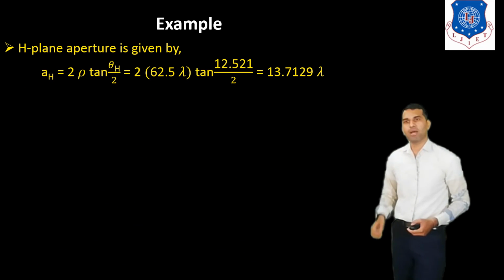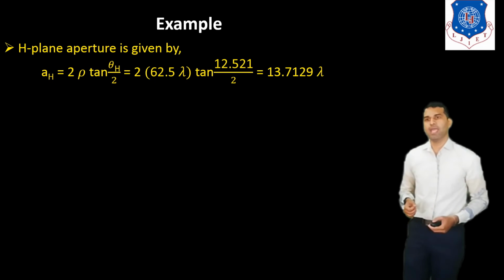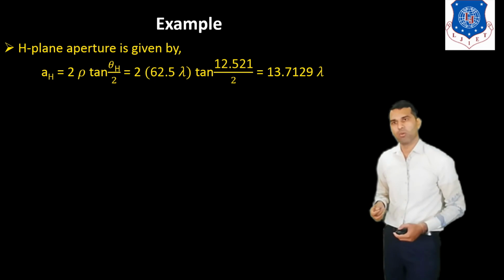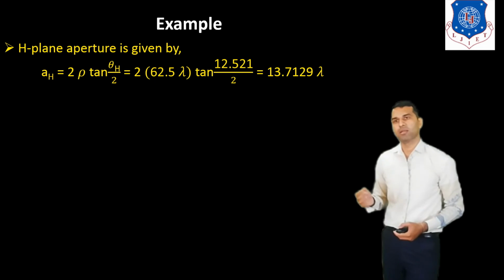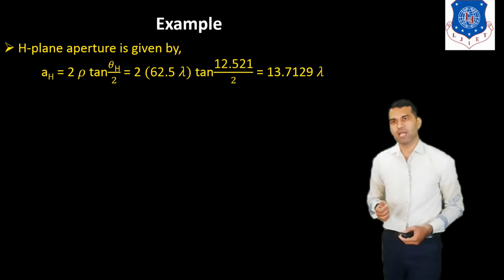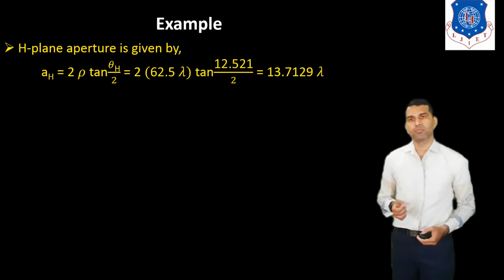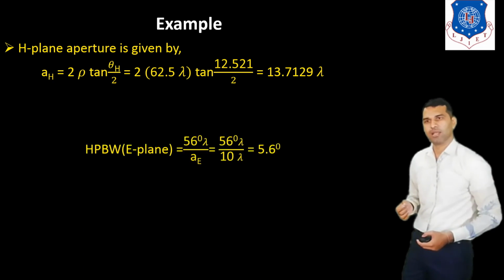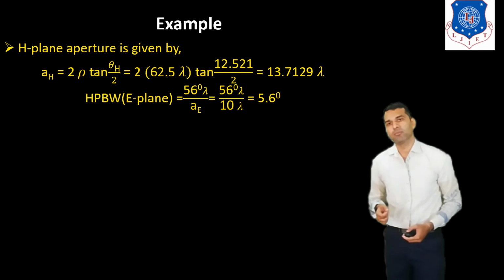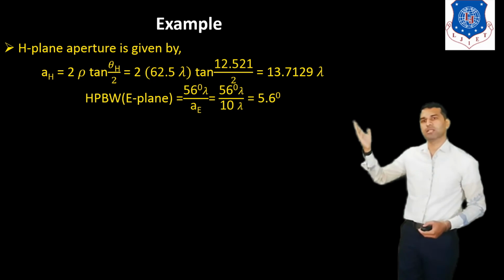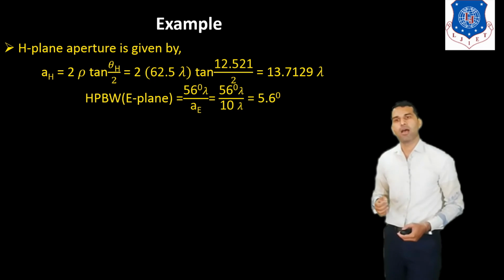Now H-plane aperture is given as aH is equal to 2 rho tan (theta H by 2). So by putting the value of theta H, we get aH is equal to 13.7129 lambda.